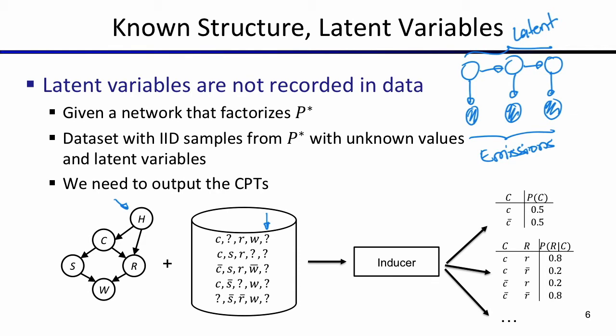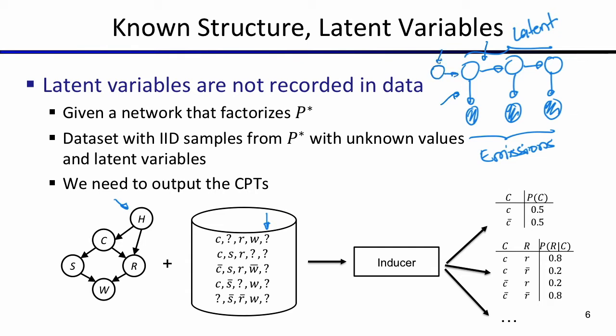So in this case, we could, for instance, be interested in learning the parameters of the hidden Markov model. So remember that the hidden Markov model has two sets of parameters. They have the emission probabilities and the transition probabilities, as well as the initial state here, right? So the probability of the initial state.